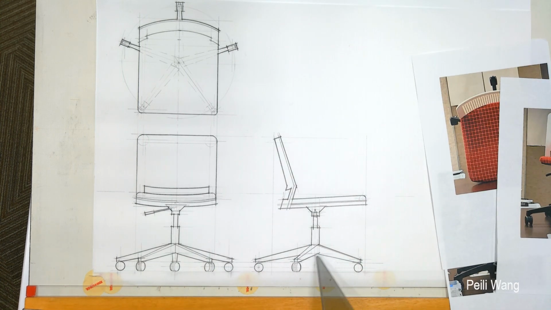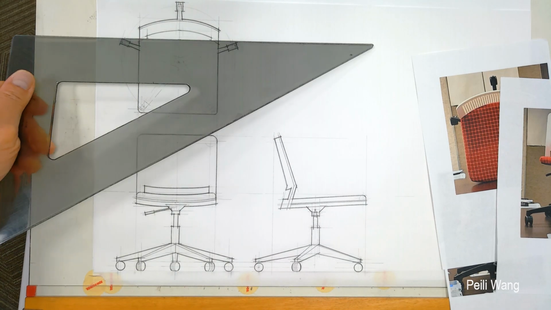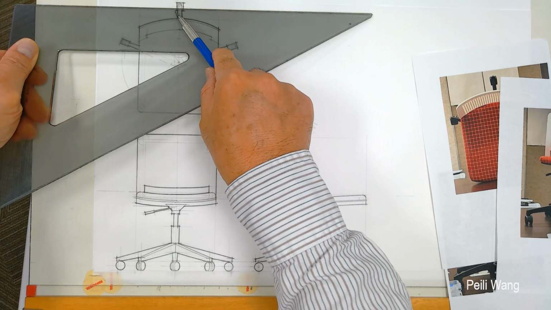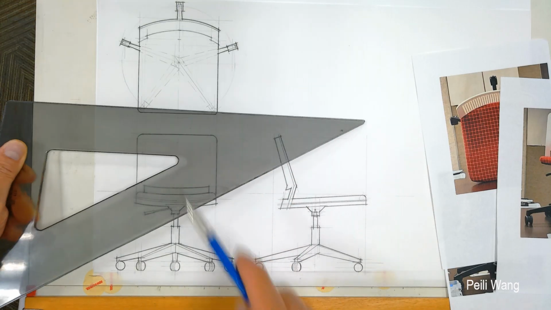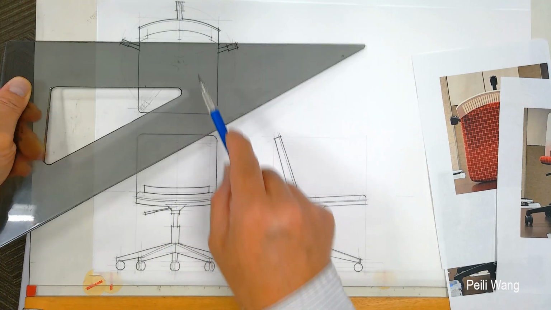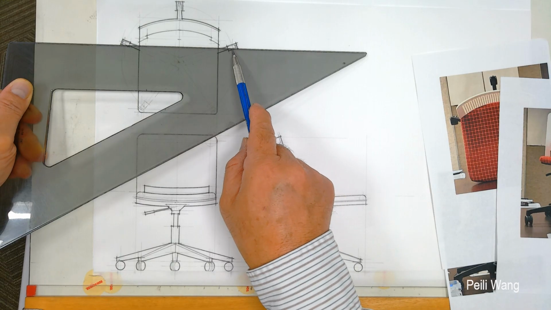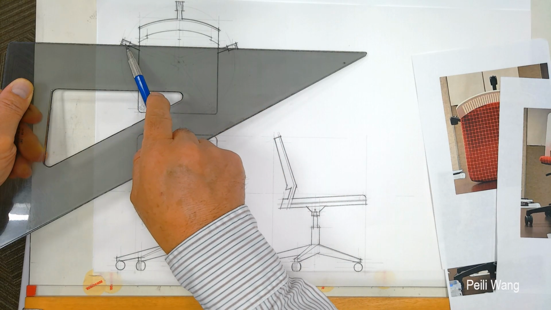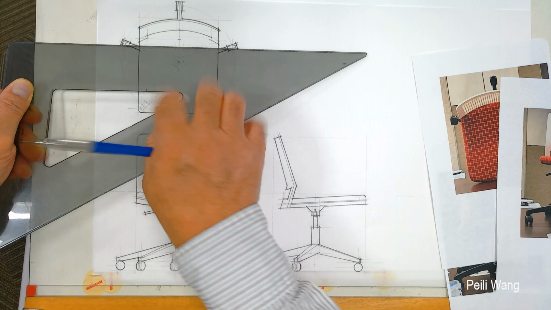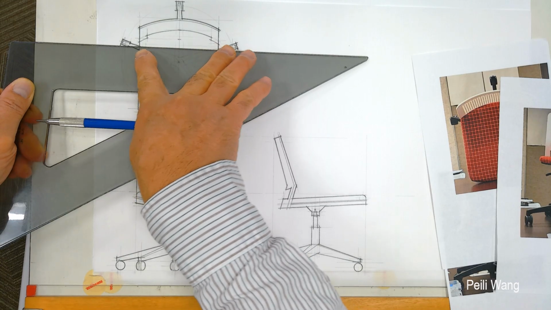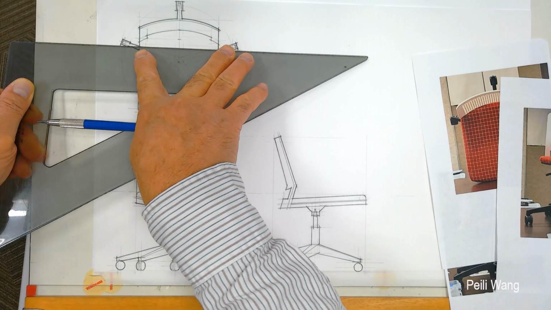But why from this view do we only see 3 legs? Take a look at 1, 2, 3. The right leg is behind the left leg, so it is overlapping from your angle.